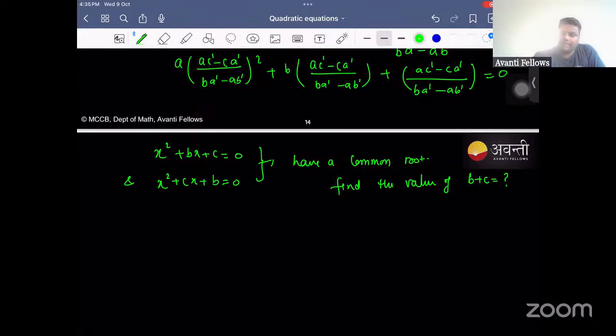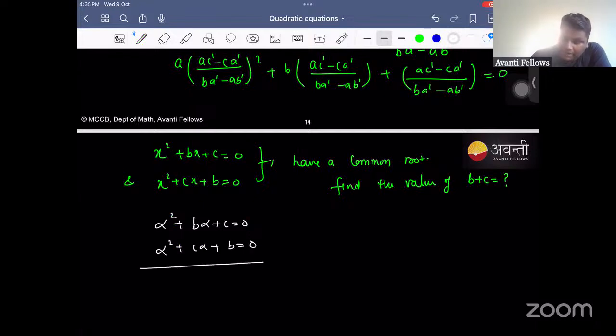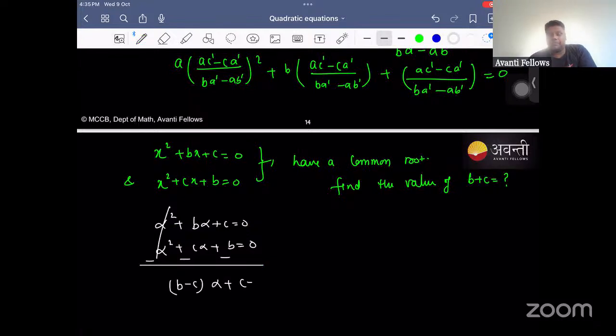Now see, let alpha be the common root. So it will be alpha square plus b alpha plus c equal to 0 and alpha square plus c alpha plus b equal to 0. If I subtract both of them, the alpha square will cancel. So you get (b minus c) alpha plus (c minus b) equal to 0.